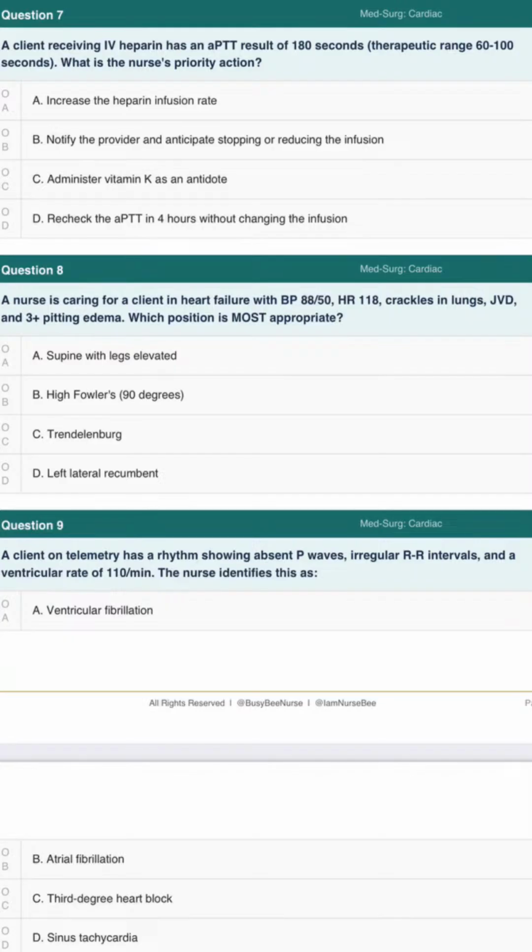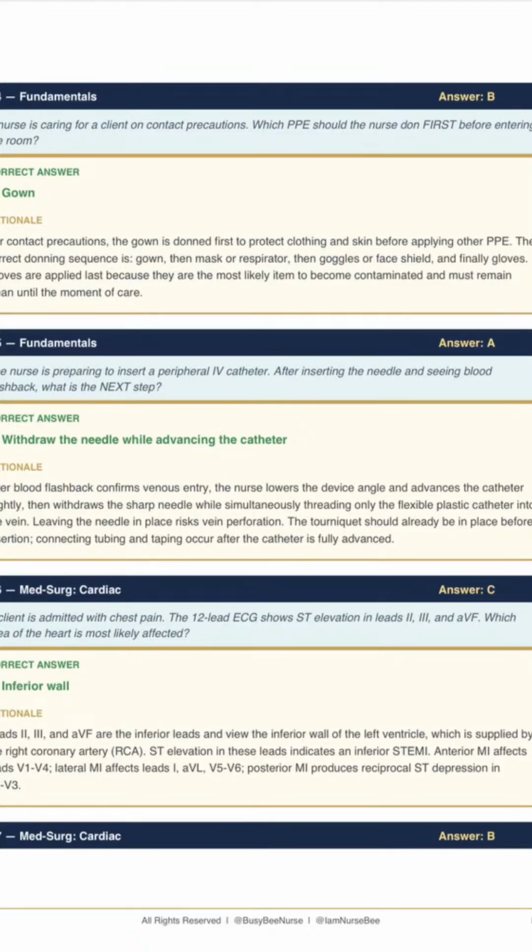So pay attention to that. Very important. It's very important that you know ECGs and stuff like that. It's going to help you identify different things in the heart. So that is there. Let me pull up the rationales for that section.